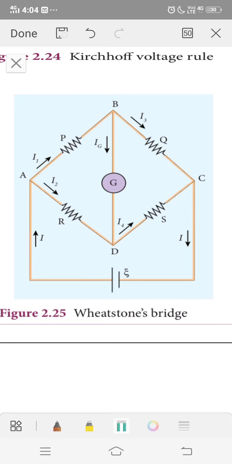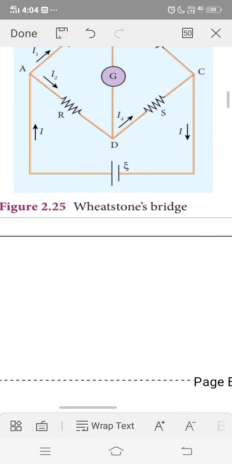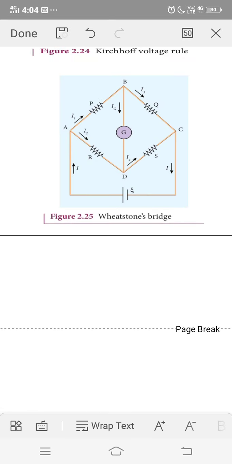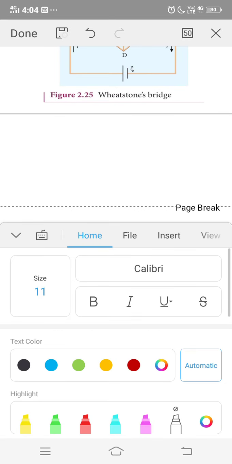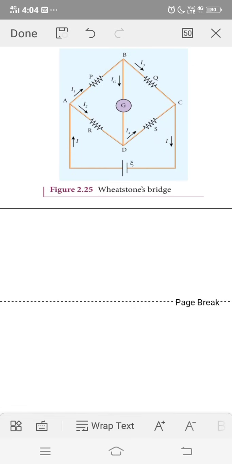In this circuit you can see the current I1 is entering.